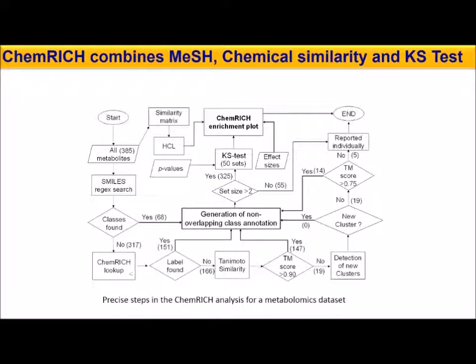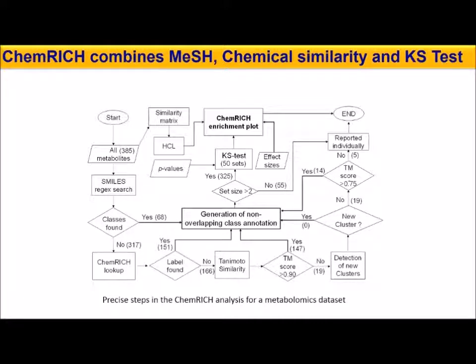Then we do the lookup, and we found 151 already in the MeSH database. Then for the remaining 166, we did the Tanimoto analysis. We could map almost 147 out of those. Then 19 were not found in any clusters, so we detect if there is any new cluster among them. No, none of them were part of any new cluster.